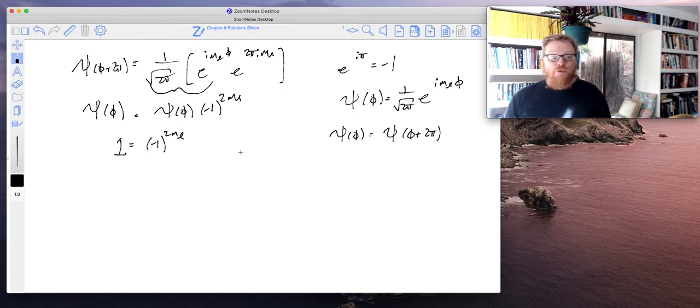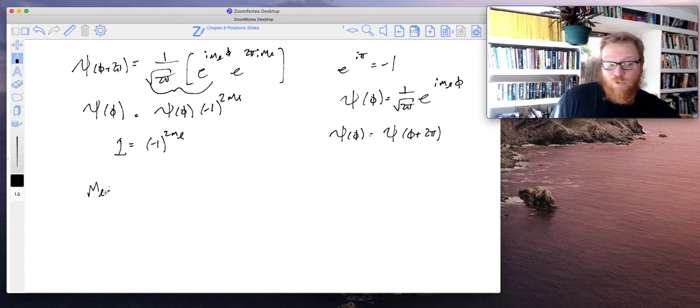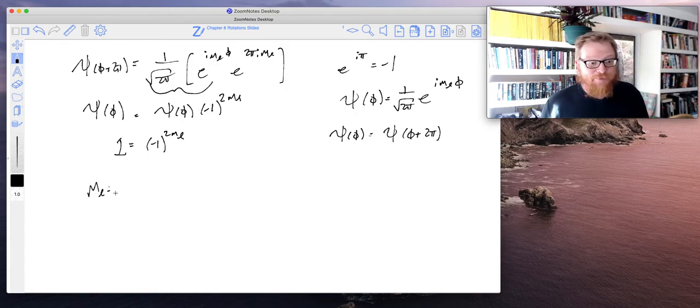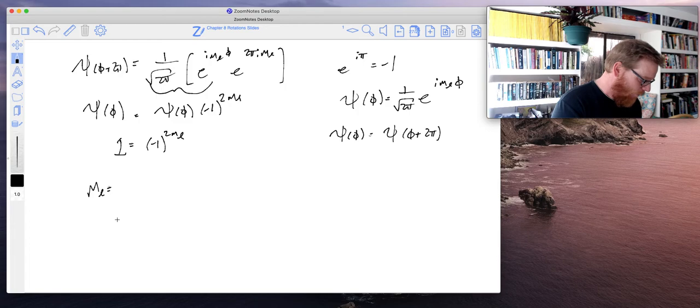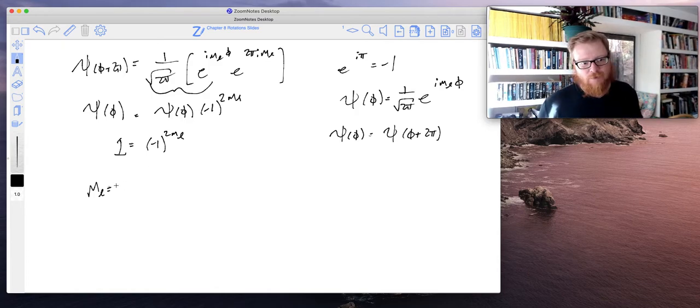So what are the values that ml can take? Well, anything raised to the 0 power is 1, right? So if I take -1, just to prove this, okay, and I raise it to the 0 power, I get +1. So that means ml = 0 is possible, okay?